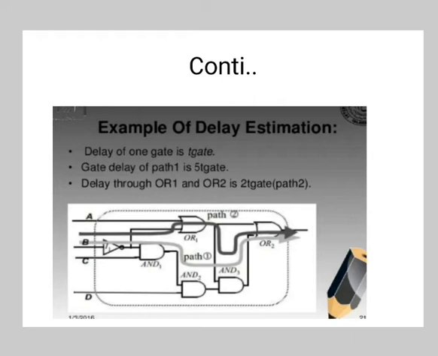So, an example of delay estimation: the delay of one gate is T gate, and the gate delay of path 1 is 5 T gate. The delay through OR1 and OR2 is 2 T gate, path 2. So here AND1, AND2 and AND3, path 1, path 2.